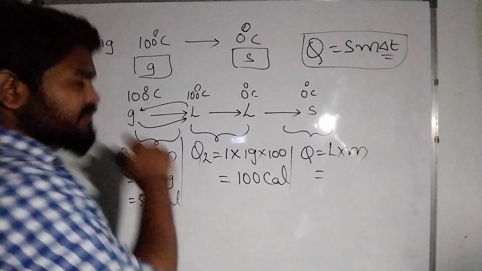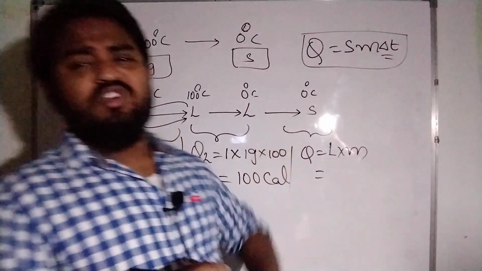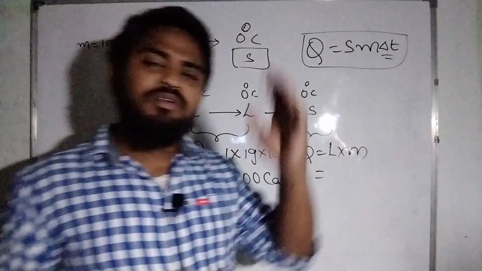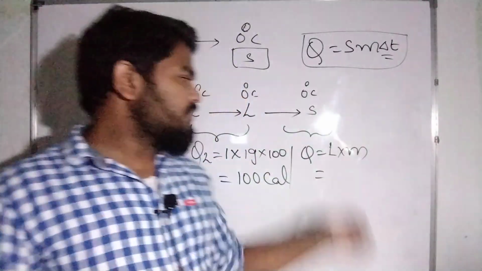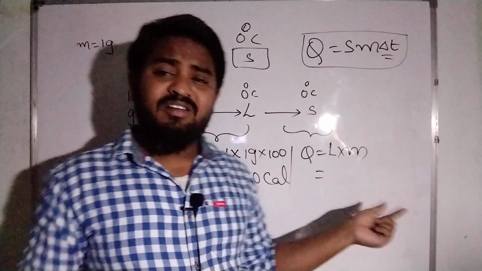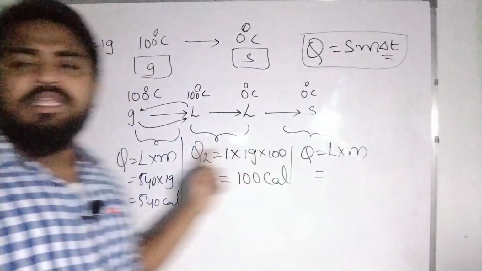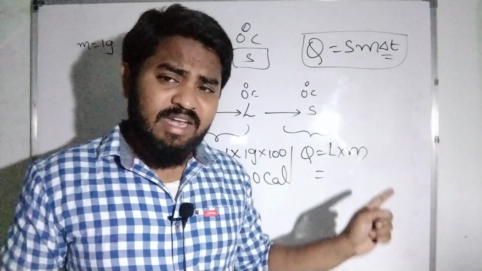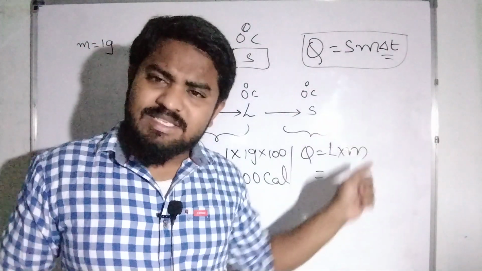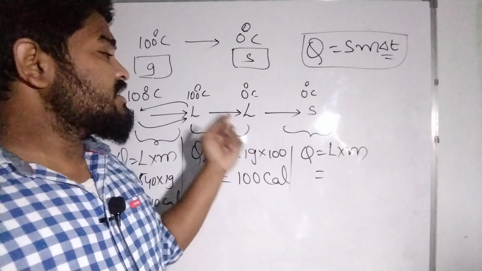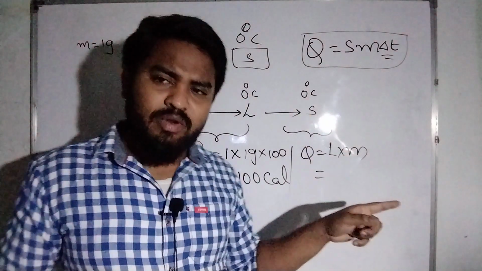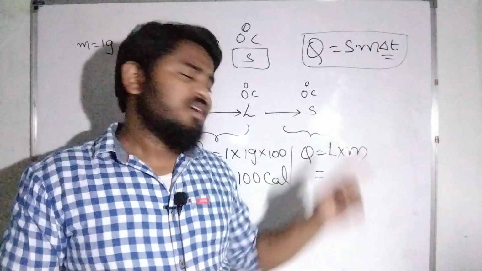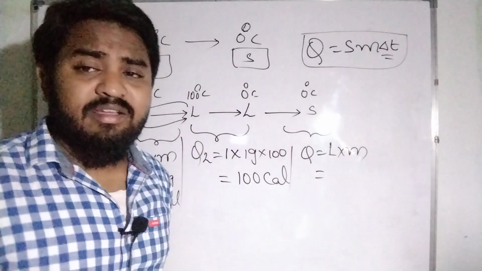Here also the same scenario, there is no change in temperature, so we cannot use the S m delta T formula. So for that, what do we have to use? We have to use latent heat of fusion. Here it is latent heat of vaporization, and here it is latent heat of fusion. So in this scenario, when the liquid is changing into solid at constant temperature, the required heat energy, right, is nothing but latent heat of fusion.